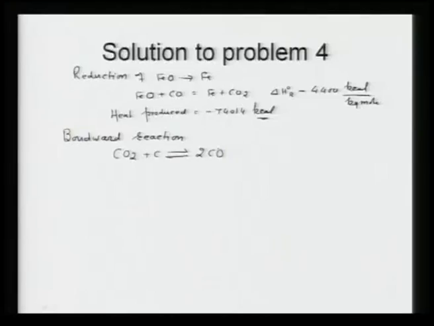So, here the heat of reaction, delta H naught R, is equal to 41.6 into 10 to the power 3 kilocalorie per kg mole. That is how this one is there.